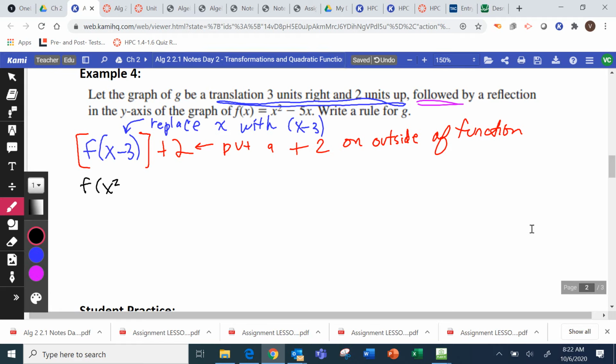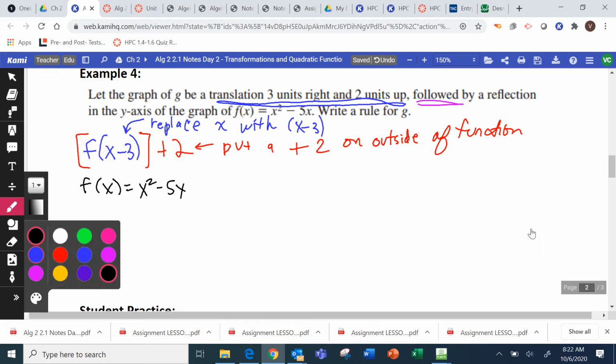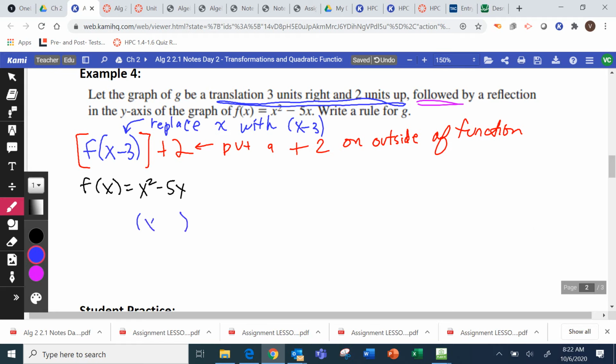Okay. So the equation is, I'm going to rewrite it because I scribbled all over it. x squared minus 5x. There we go. So the equation is that I need to replace all of my x's with a parenthesis x minus 3. And I've got x's in 2 different places. So I'm going to have a parenthesis here, x minus 3 squared, minus 5, and then a parenthesis here, x minus 3.